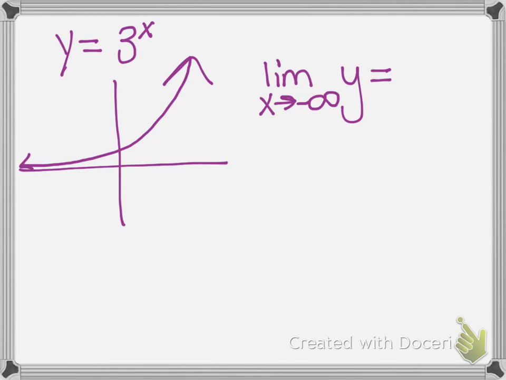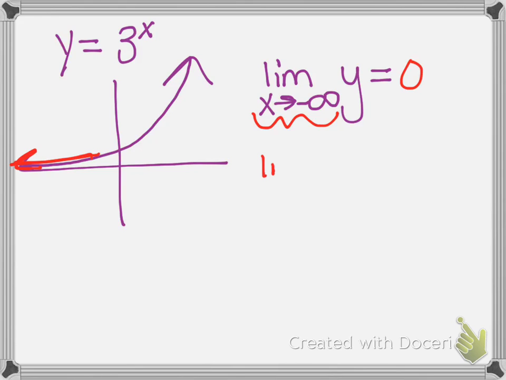As x approaches negative infinity, what it's telling me is that I'm headed left forever. And when I head left forever, this graph is going to get very, very flat, and it's going to approach 0. And it's really important that this is a limit. I'm not saying y can actually hit 0, because we all know exponential functions never actually hit 0. We know they just get very, very close to 0.